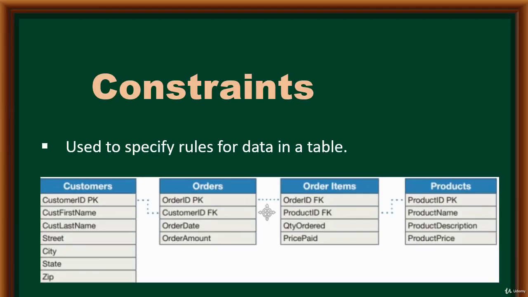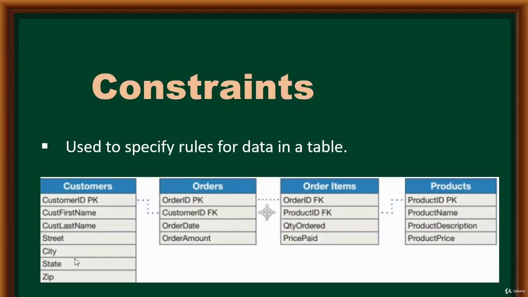So when you're creating a table, you can implement different types of constraints. An example constraint you could implement, for example, in any of the fields, is that you don't want the value to be null. Null basically means a value that is not known.